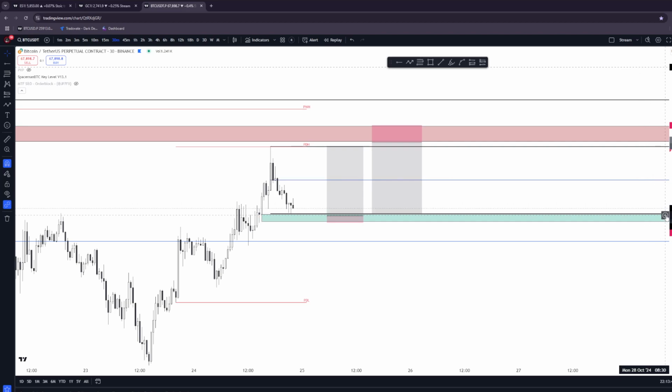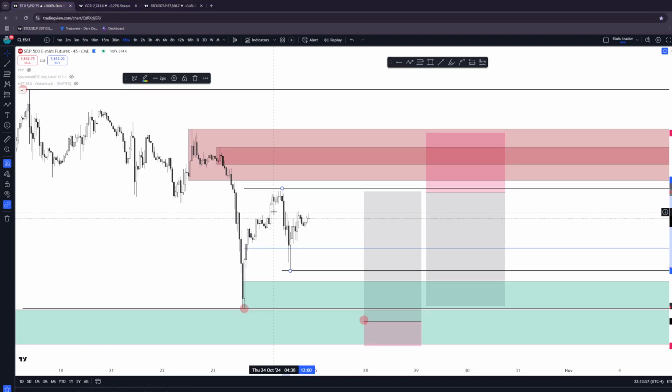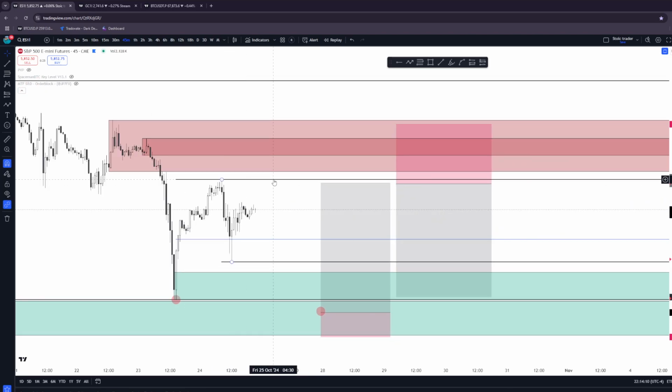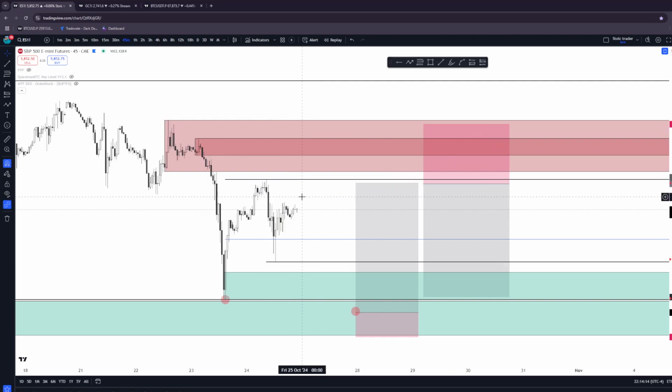So if price does come to our levels, we'll look at the trades again tomorrow and see what happens, whether price reacted to our levels or just decided it wanted to keep going higher or lower. We'll find that out tomorrow.